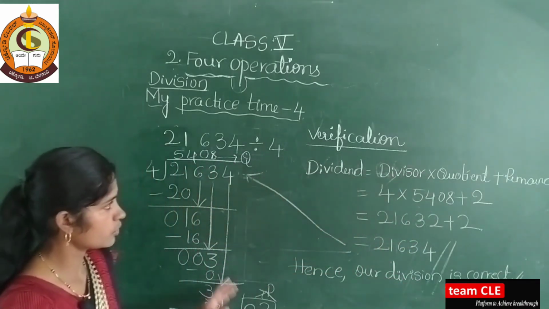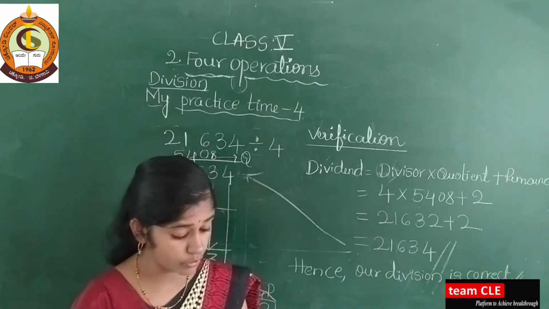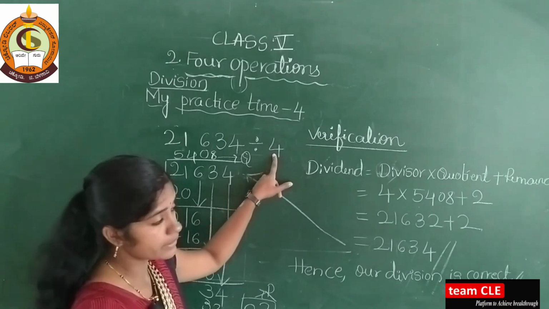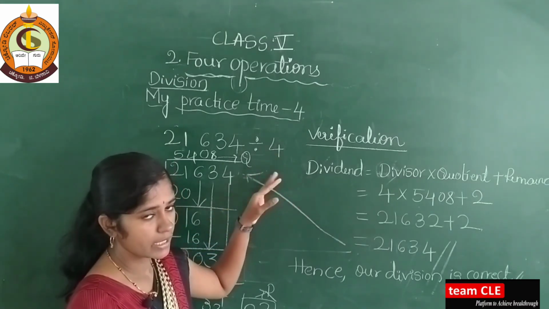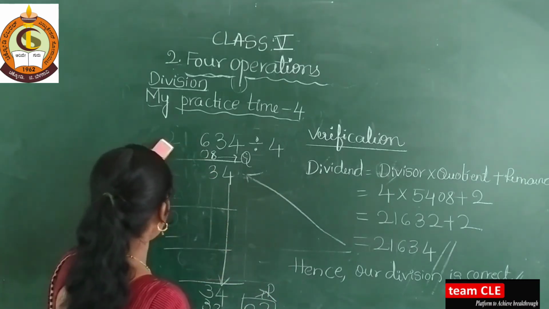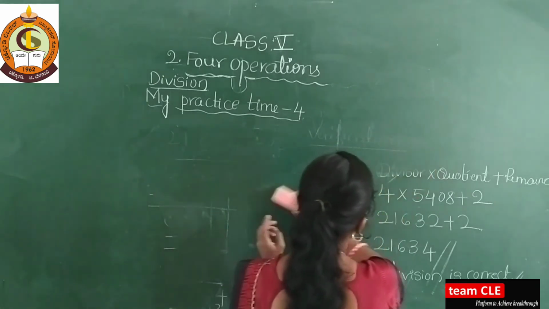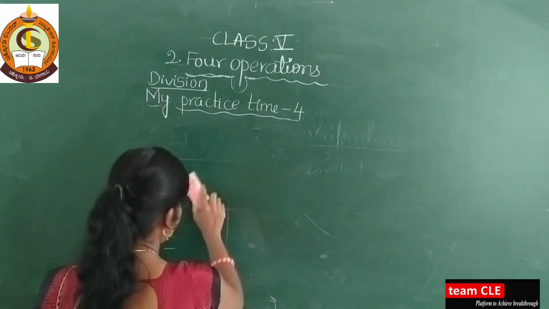Got it? So I will give 4 examples. I will give my own examples because in My Practice Time 4, the divisor with one digit is not there, 2 are there, and I have already solved them. I will give 4 examples and these 2, which means 6 in total. Solve and send them to my personal number, and whichever examples I have solved, those you also need to practice.